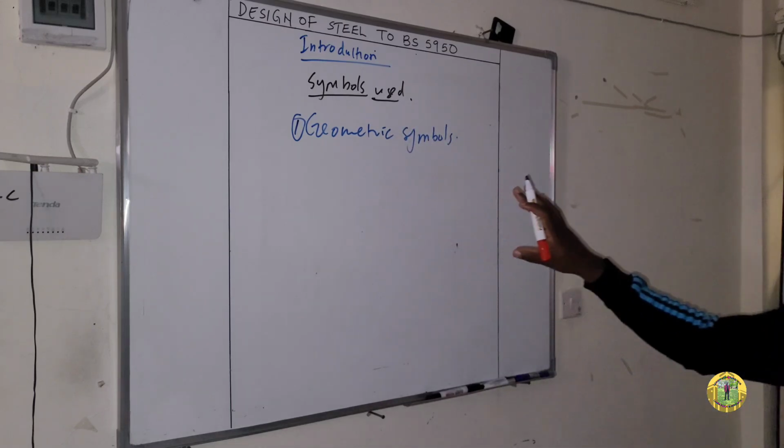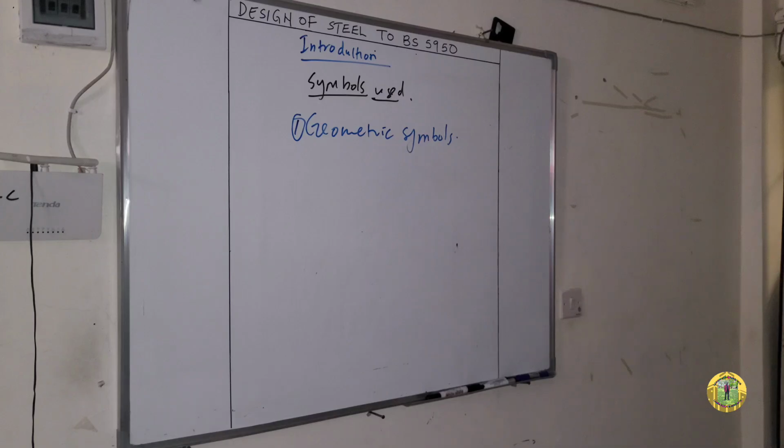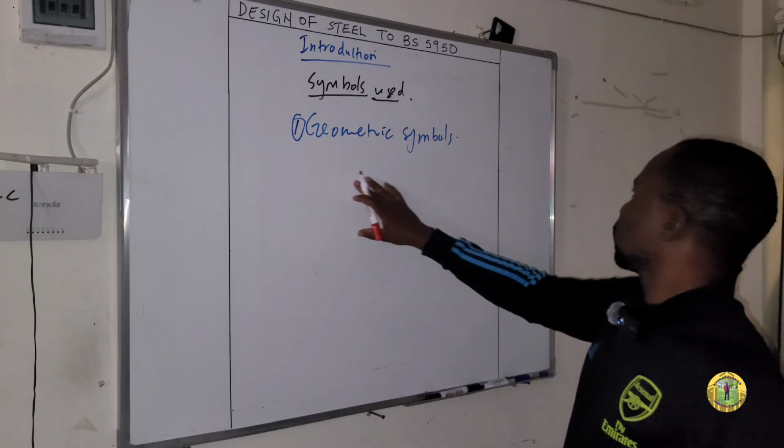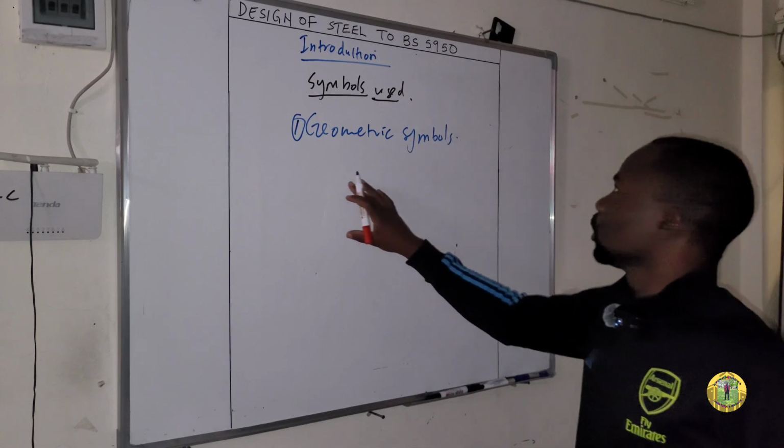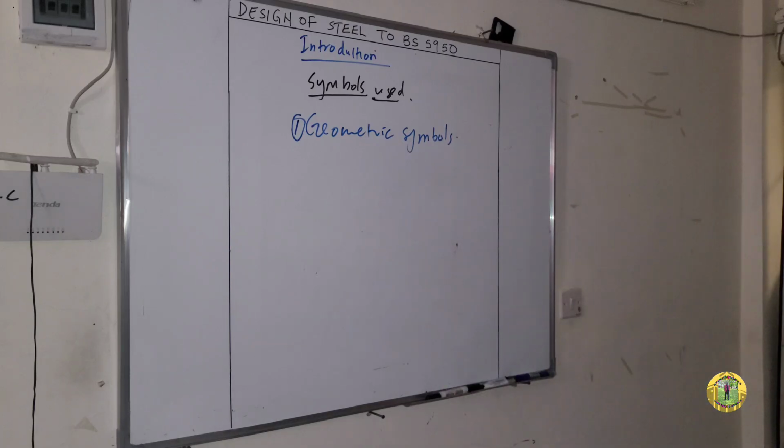Because these symbols are so many, I won't write them for you. What I will do is that you will learn them as we proceed with the design of steel to BS 5950.